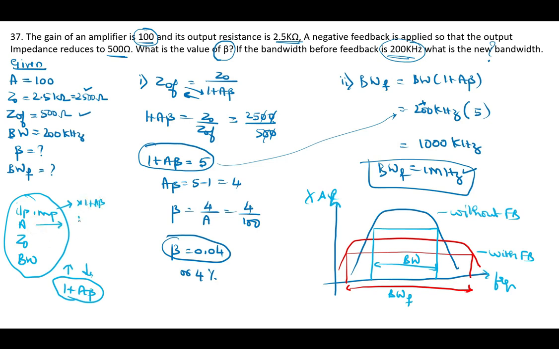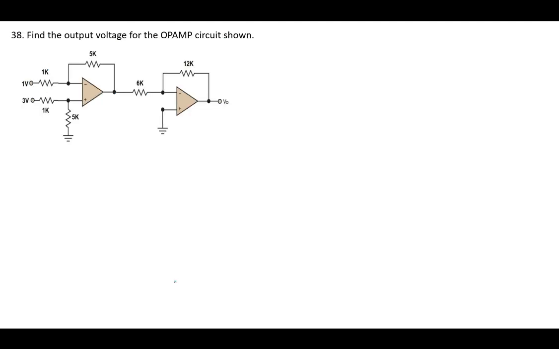Gain reduces, so it is 1 by 1 plus A beta. Output impedance reduces, so ZOF is 1 by 1 plus A beta. Bandwidth with feedback increases, so into 1 plus A beta. This is just general information for you to understand, because this feedback problem is the easiest problem to attend and to score maximum marks in this. Okay, let us see the next problem.